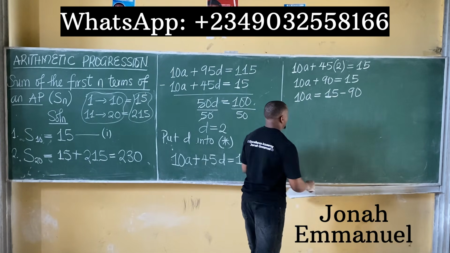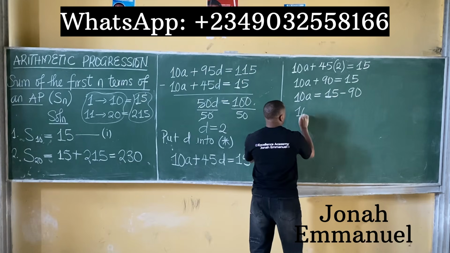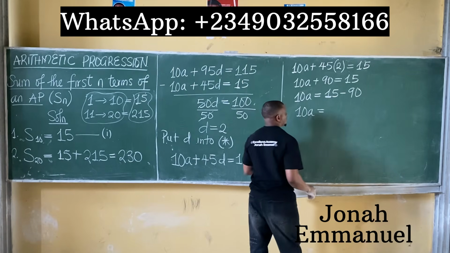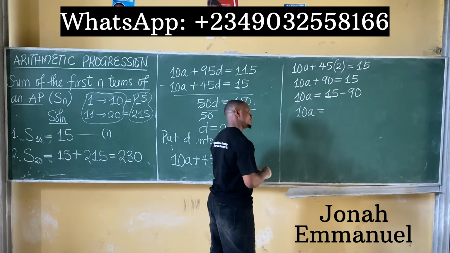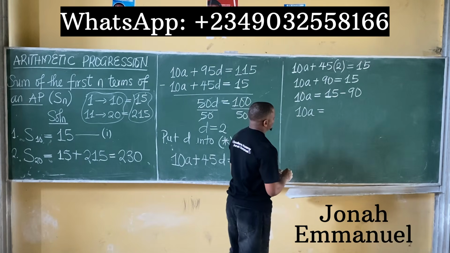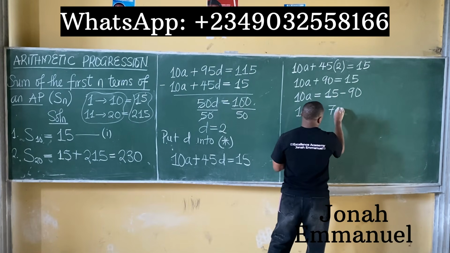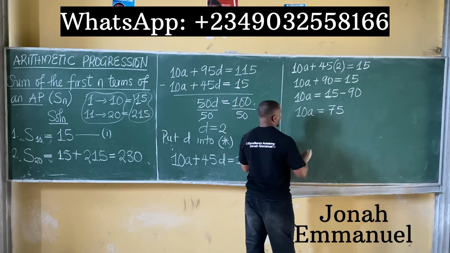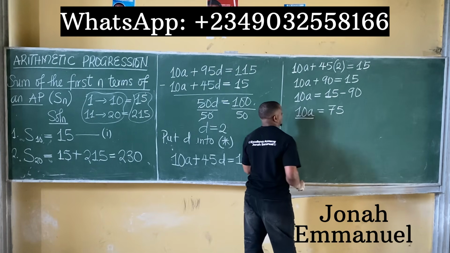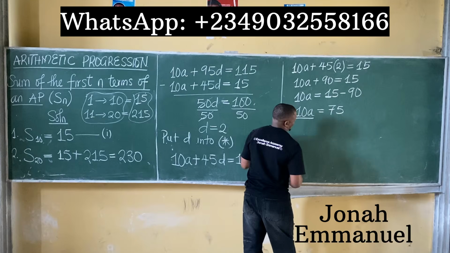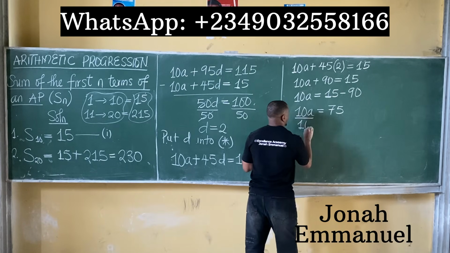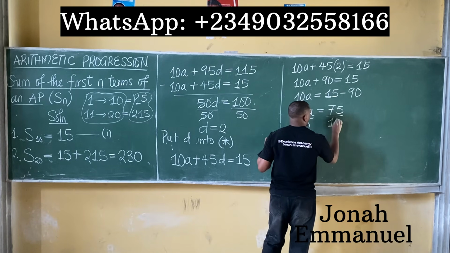So I have 10a is equal to 15 minus 90, that's about 75. Okay. Divide here by 10.